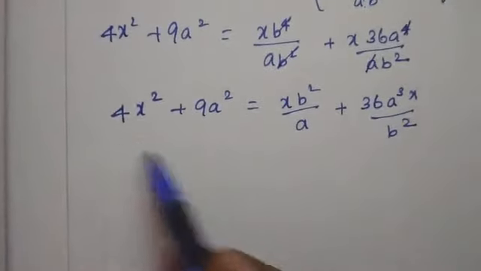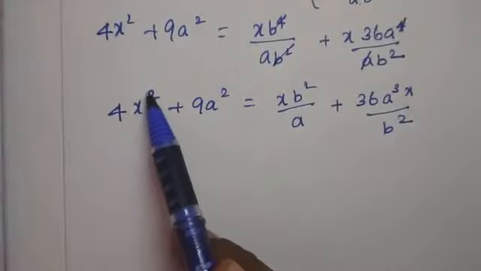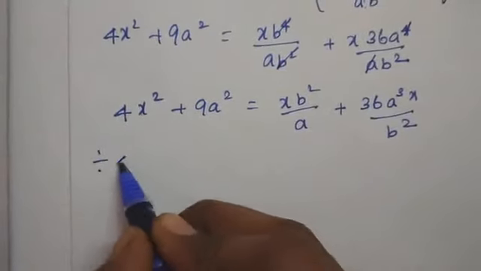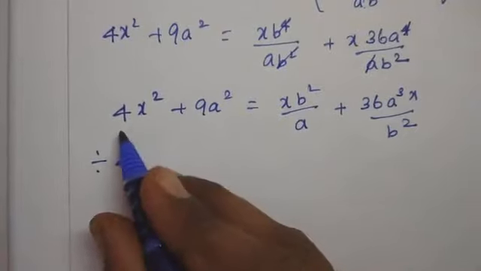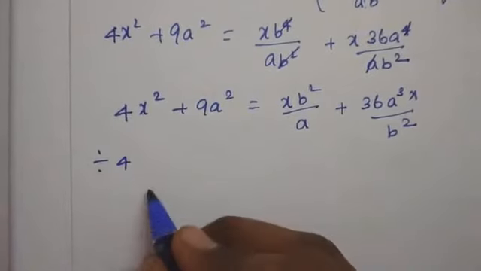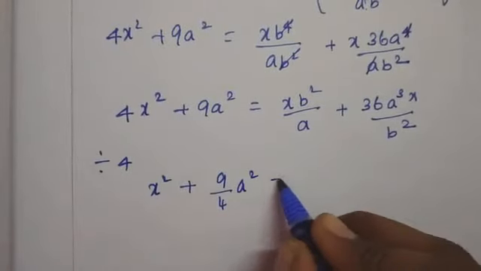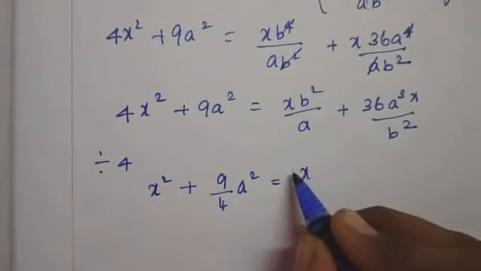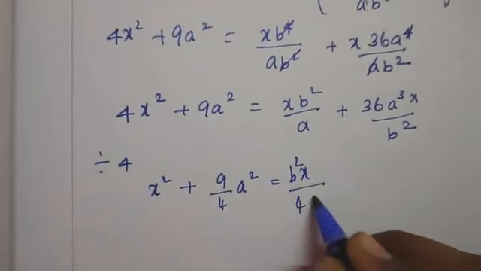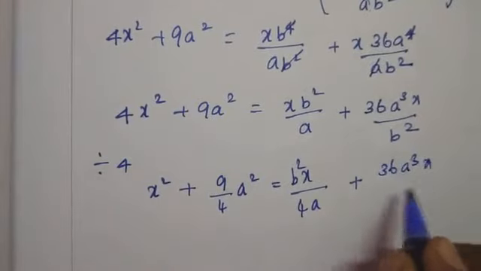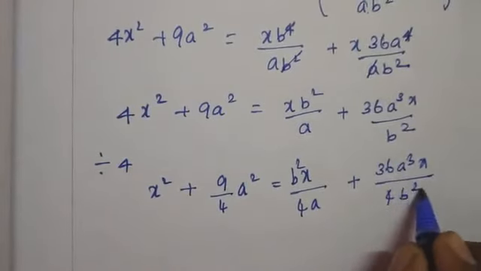To make this as quadratic form, x square coefficient is 4. We will divide this as 4. So throughout divided by 4, then it is x square plus 9 by 4a square, which is equal to b square x by 4a plus 36a cube x divided by 4b square.